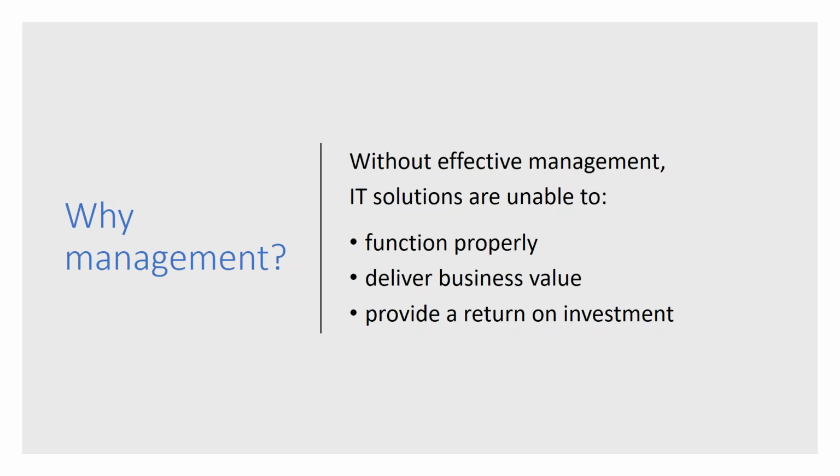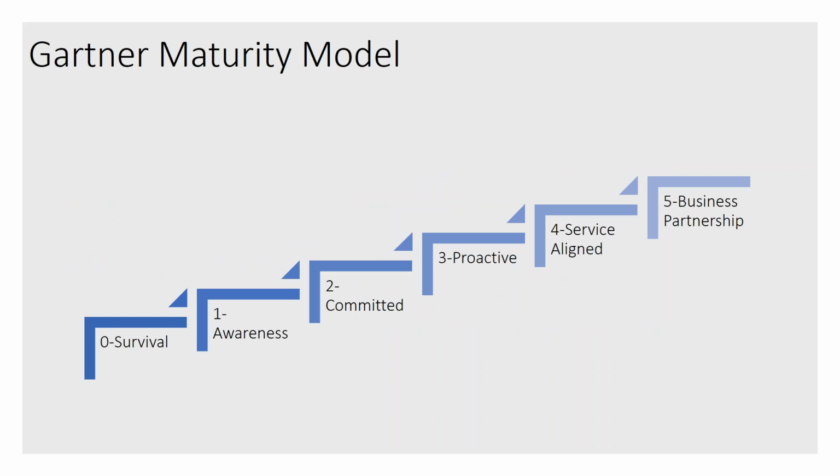Before we get into that, what I'd really like to talk about is the concept of what defines an organization's capacity to manage IT effectively. And the model that I keep returning to and that I've found really useful is Gartner's infrastructure and operations maturity model. Many of you are probably familiar with maturity models.